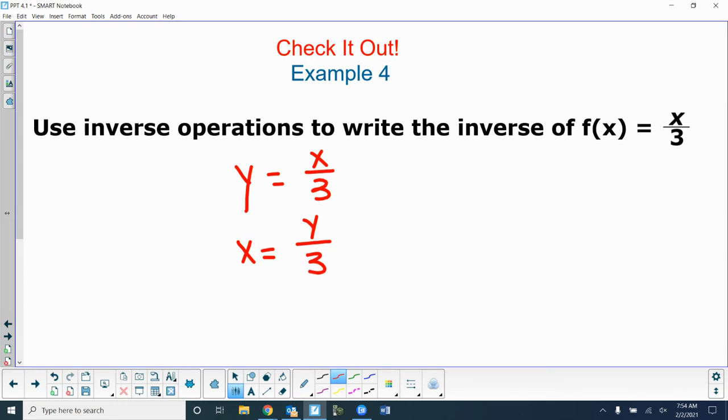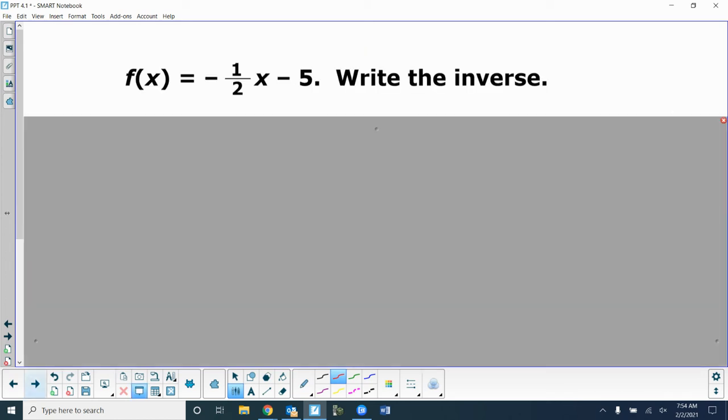How do I move the 3? Multiply both sides by 2. So 3x then equals the inverse. Is that making sense to you? That's all we're doing.